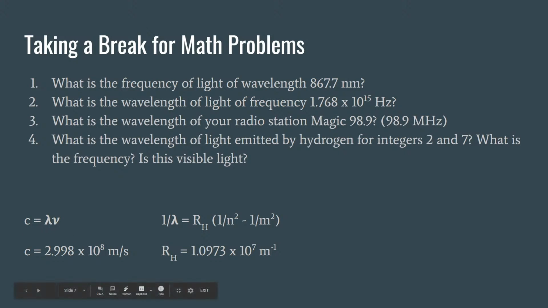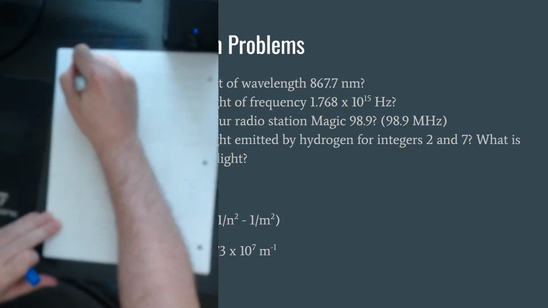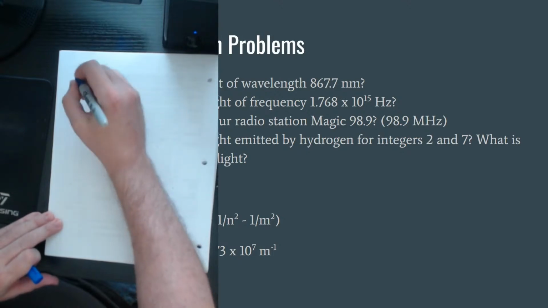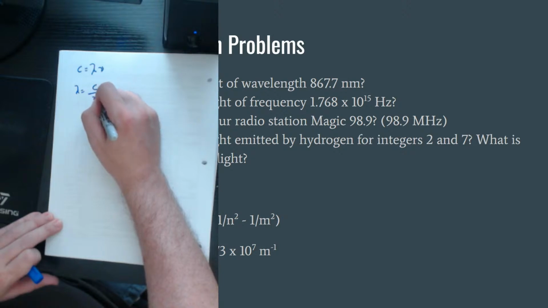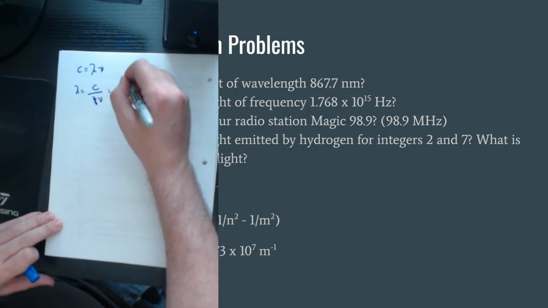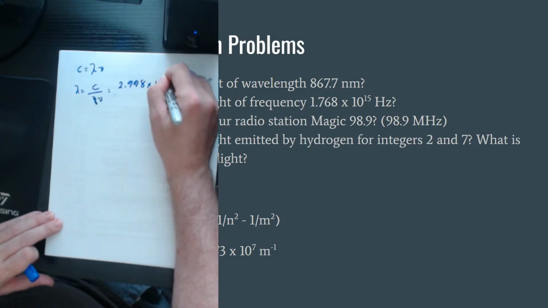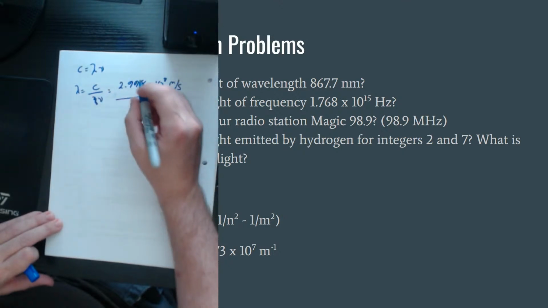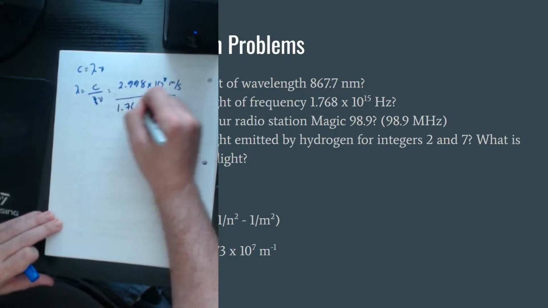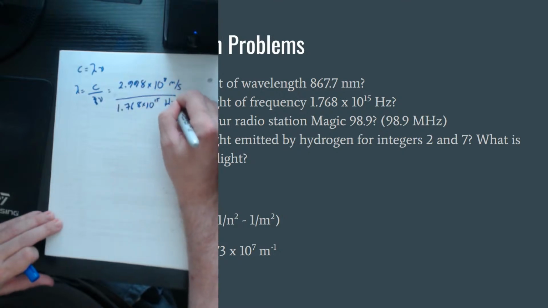You'd solve it in exactly the same way. C equals lambda nu, so lambda equals C over nu. So it's 2.998 times 10 to the 8th meters per second divided by 1.768 times 10 to the 15th hertz.